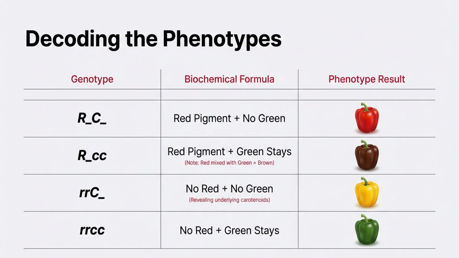And the second 3 group produces no red but removes green, revealing yellow color. And finally, the 1 group produces no red and keeps the green color, resulting in a green phenotype.